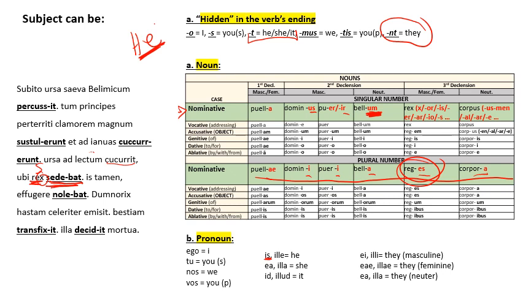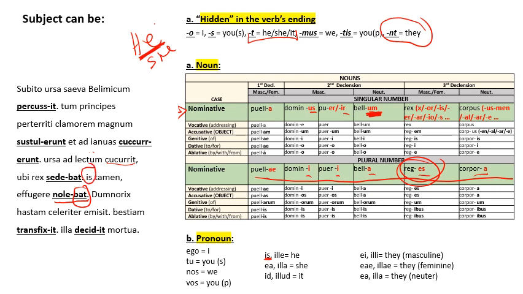Moving on, I'm going to look at nolebat. Bat, again, shows me that the subject is he or she. Now, I need to go back in my sentence and see if I can find a noun or a pronoun that can function as a subject. I have is.